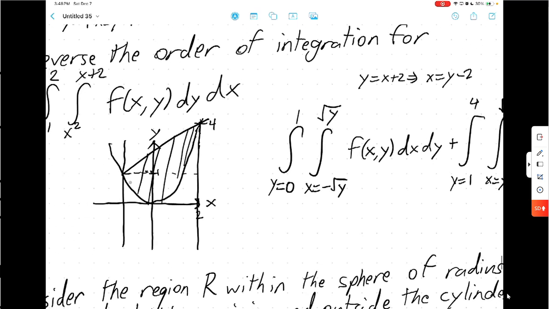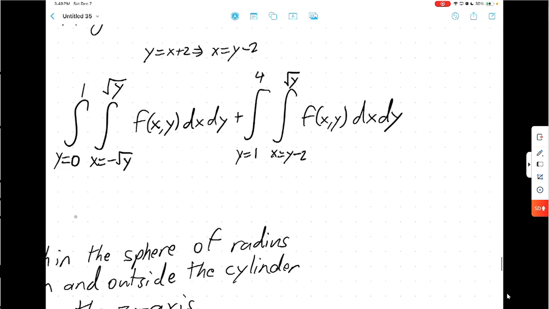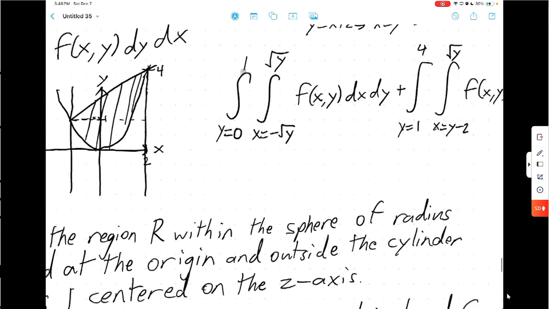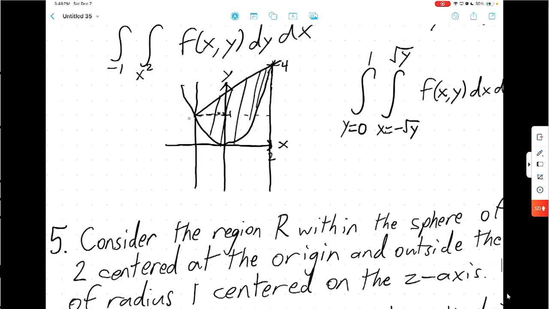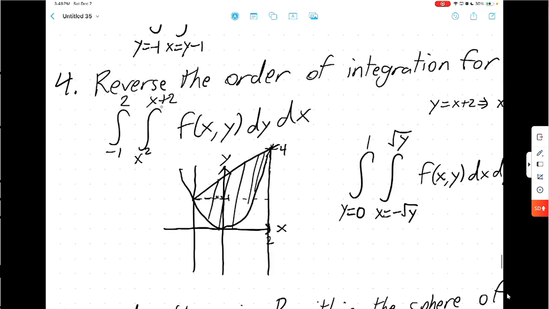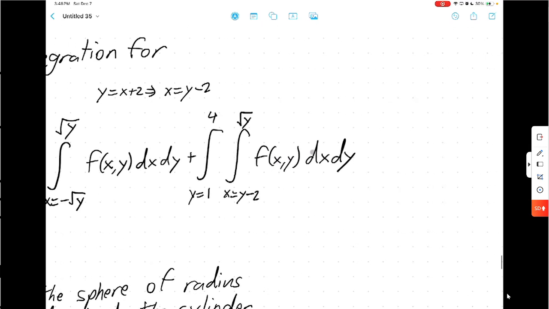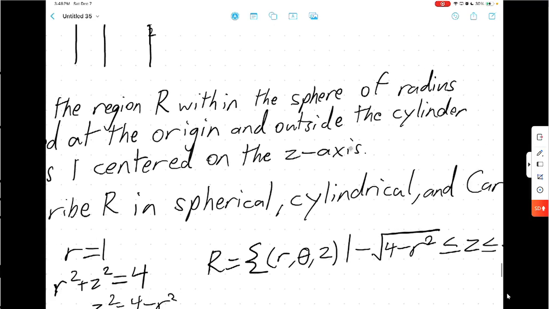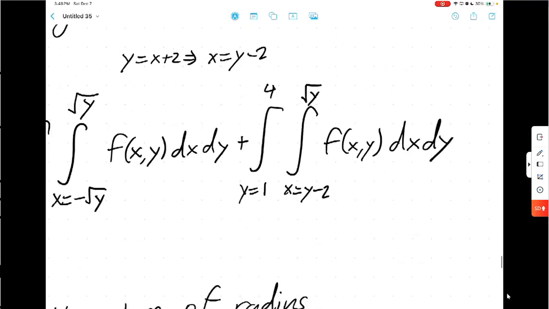This describes the parabola itself, from the parabola y equals x squared to itself, with y from 0 to 1. Then the other integral is y equals 1 to 4, which goes from the line defined by y equals x plus 2 to the right side of the parabola. Y dy. And that's it for number 4.